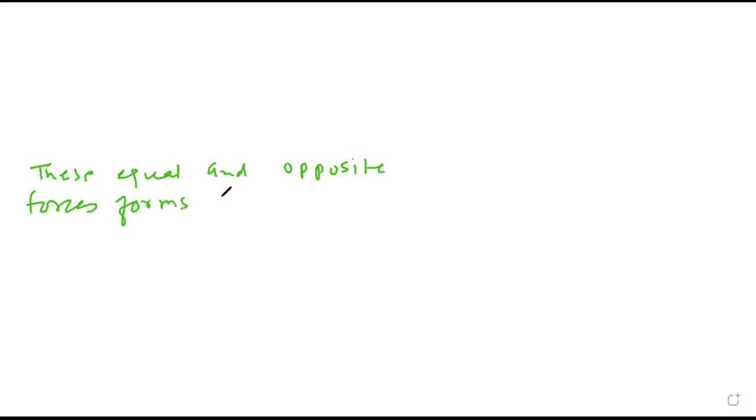So we got equal and opposite force F equal to ILB acting outward and inward. These equal and opposite forces form a couple and produce deflecting torque.